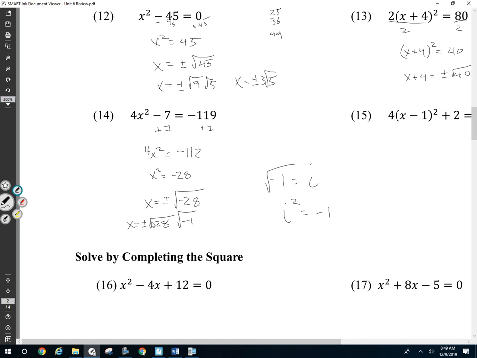That's going to turn into i. 28 I know is root 4 times root 7. That's the biggest perfect square that goes into 28. And this is how I'm going to get my answers. x is equal to plus or minus 2 root 7 i. Okay? That is new to us, the concept of an imaginary number. But you plug that into this, you get a solution.